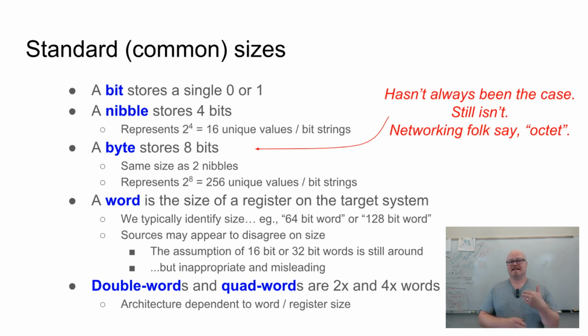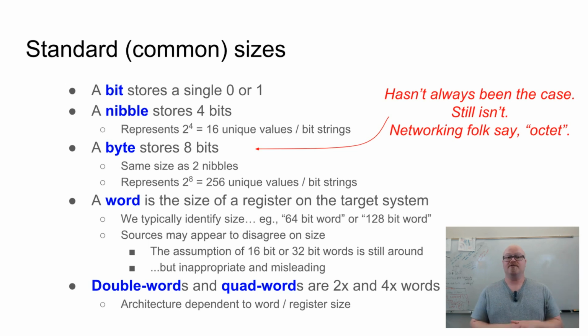The next commonly mentioned size up from a byte is a word. But a word is a little bit confusing as a term because technically a word is the size of the registers of your target architecture. So if you are on an 8-bit machine, a word has 8 bits because the register size is 8 bits.